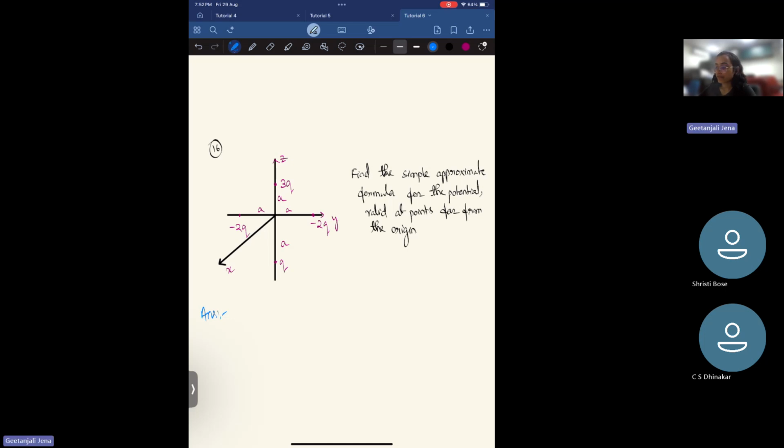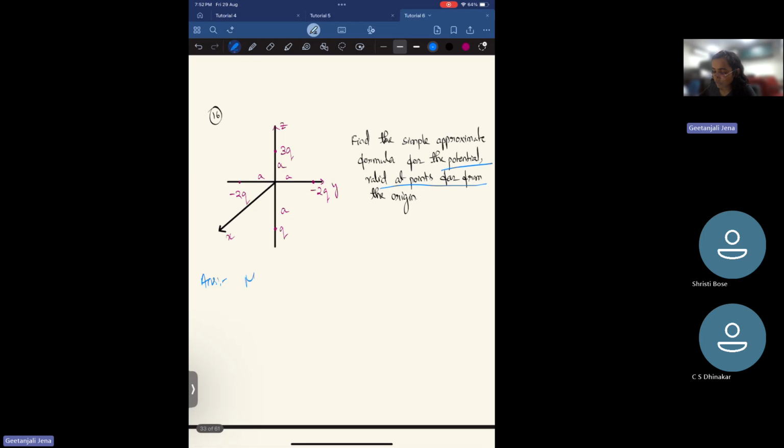Next question is easy. For this discrete charge distribution, you need to find out what is the potential at a point far from the origin. So, can you let me know what will be the monopole moment? Whether the potential will have any monopole contribution or not?